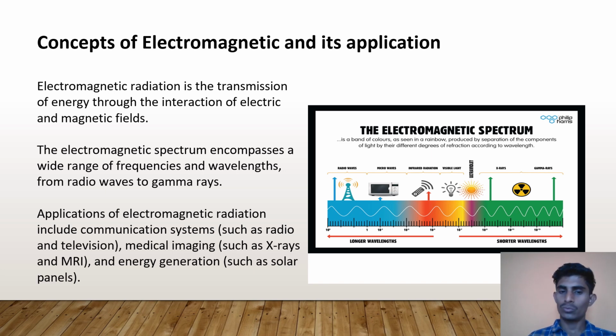Such things work on electromagnetic concepts. And energy generation, such as solar panels. On the right side, we have an image showing how the electromagnetic spectrum works on each object.